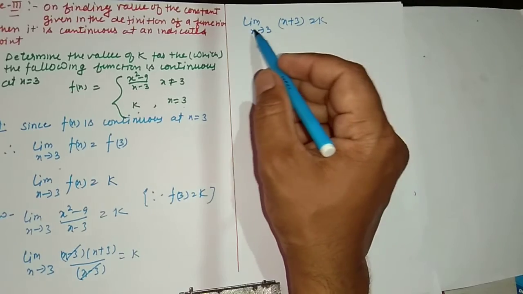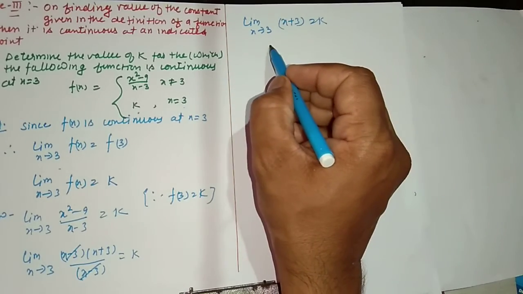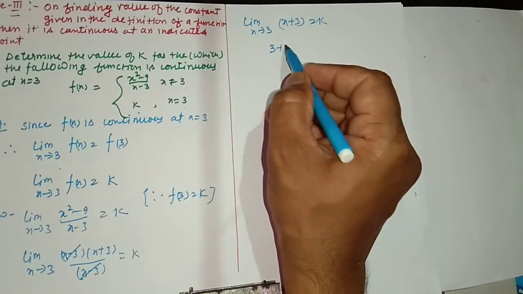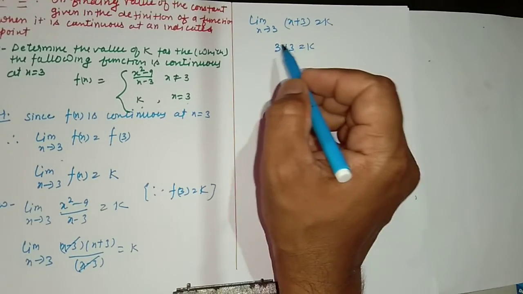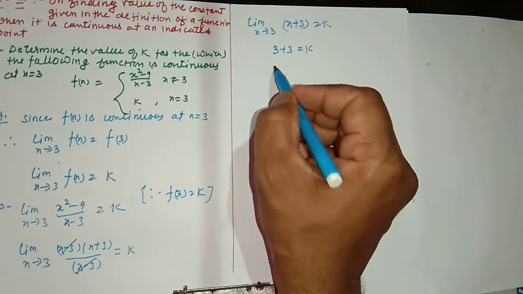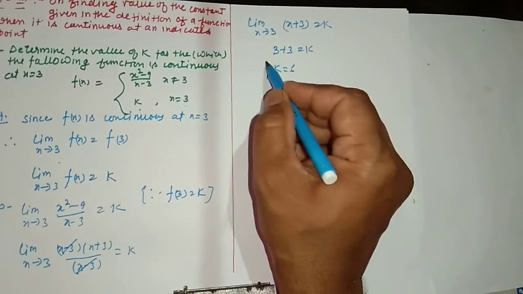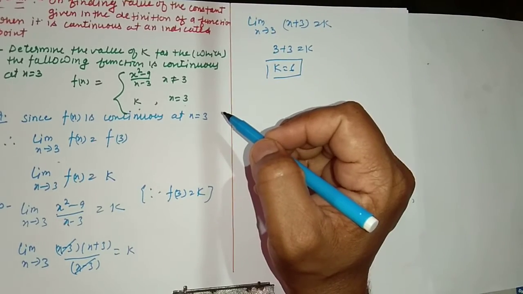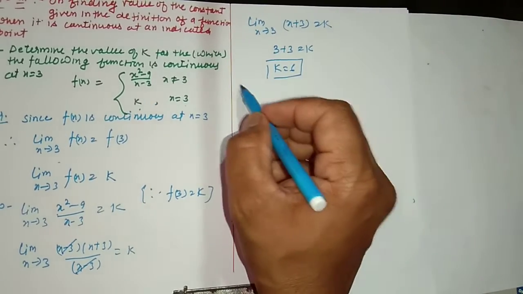Why? Because we know that the limit exists, so we can write it as 3 plus 3 is equal to k, and finally we get k is equal to 6. Clear?